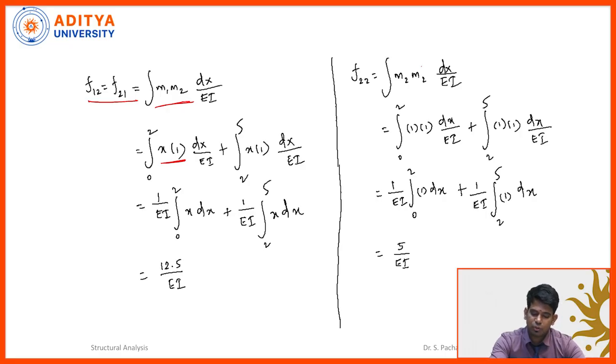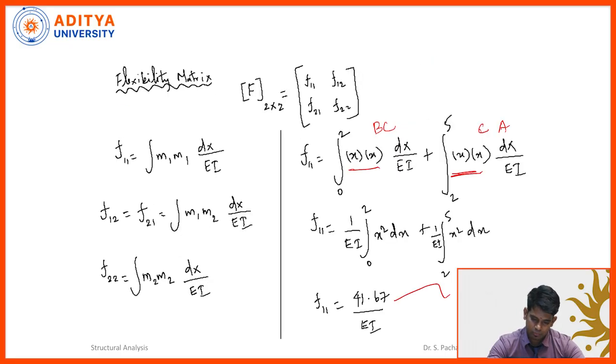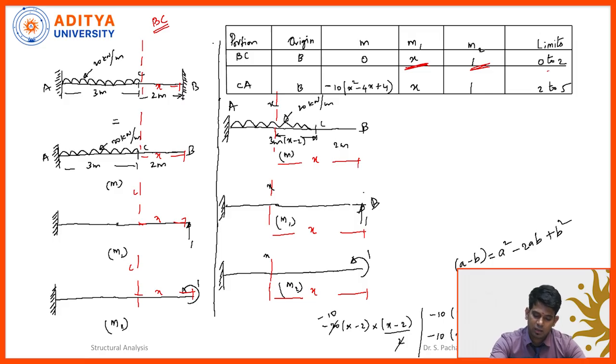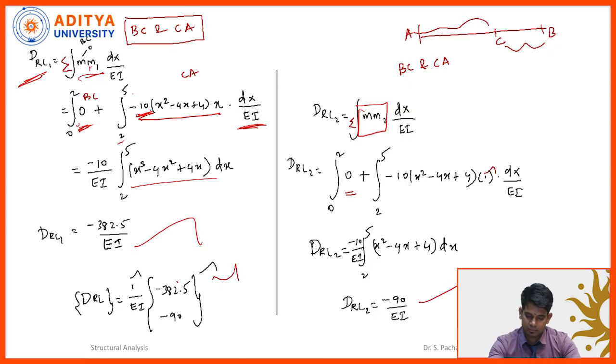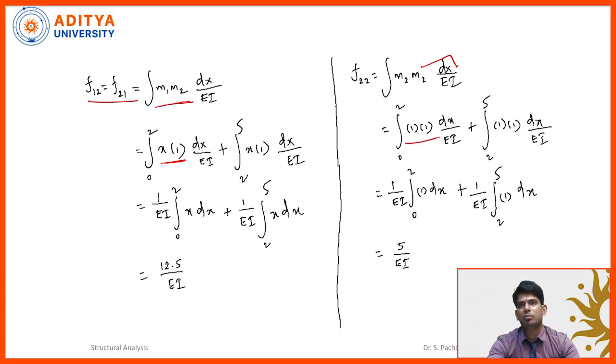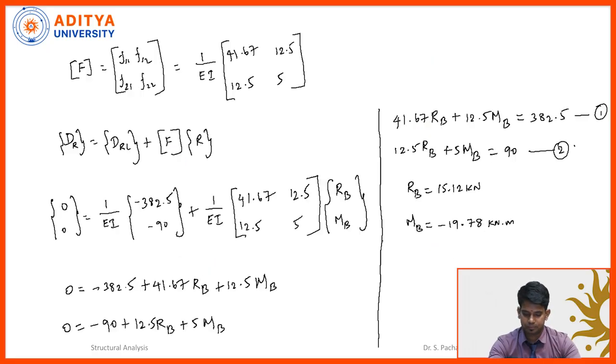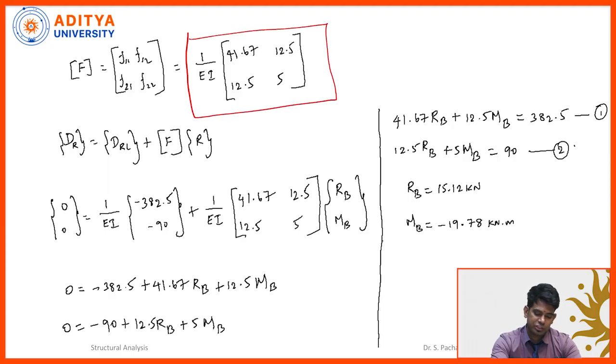And then what is F22? M2 multiplied by M2, which is nothing but 1 multiplied by 1. This is a very simple integration. You can even do it in the calculator for time saving in the examination. So I got the values 12.5 by EI and 5 divided by EI. So finally we arrived at the flexibility coefficients.